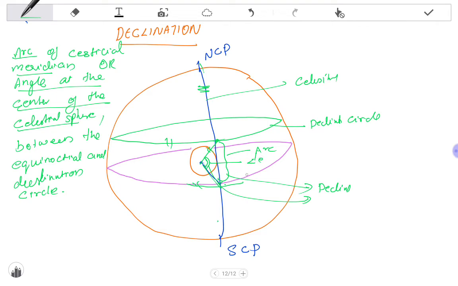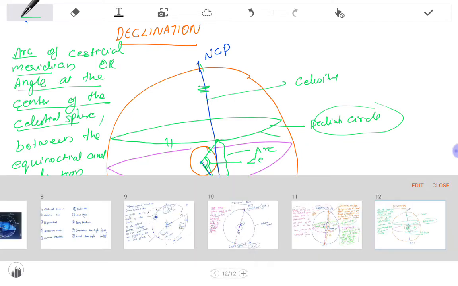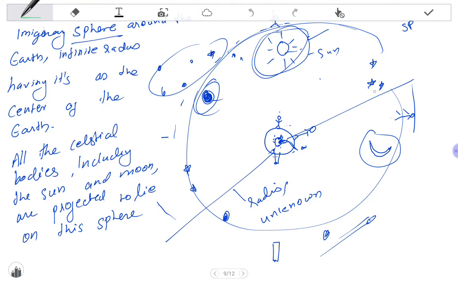So why is this declination circle so important? We previously discussed that in the celestial sphere lots of celestial objects are there.